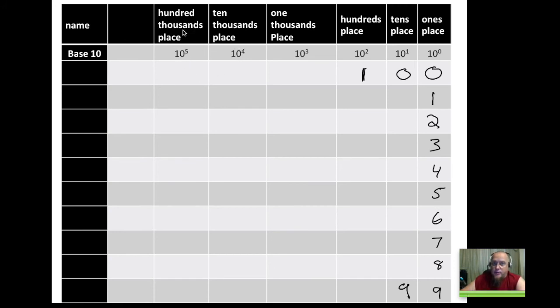And 10 to the fifth we call the 100,000s place. And 10 to the sixth we call the 1,000,000s place. So again, we have the base system that we learned earlier, and then we have the name that we as humans tend to call it. And so this is how the process goes in order to fill out this table.